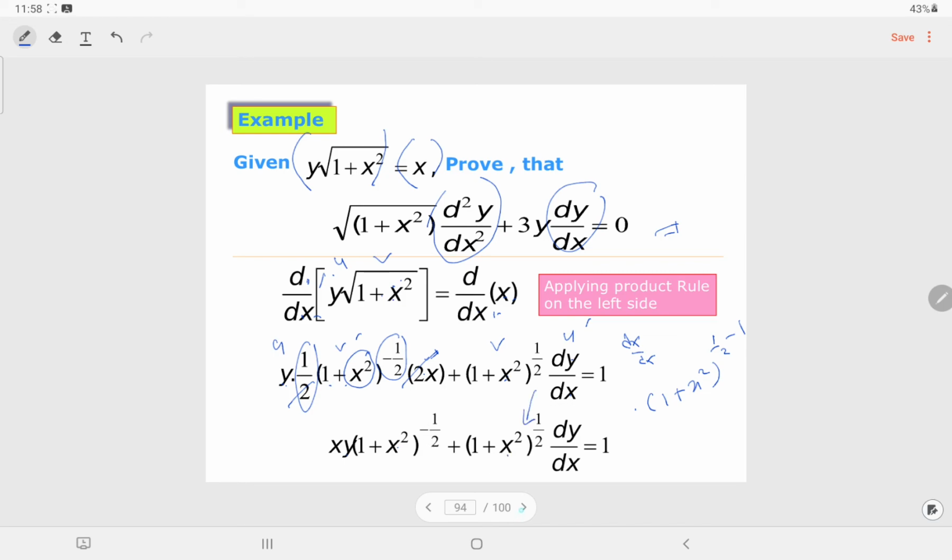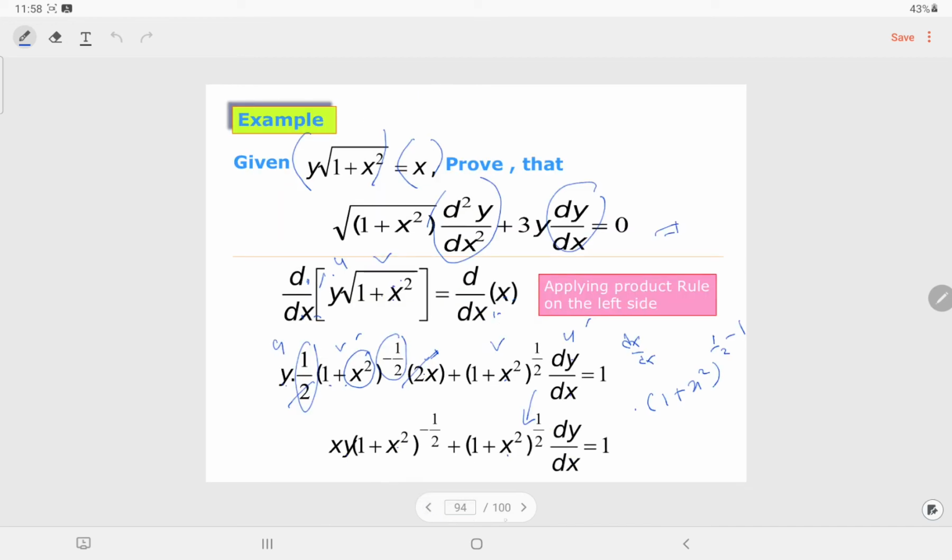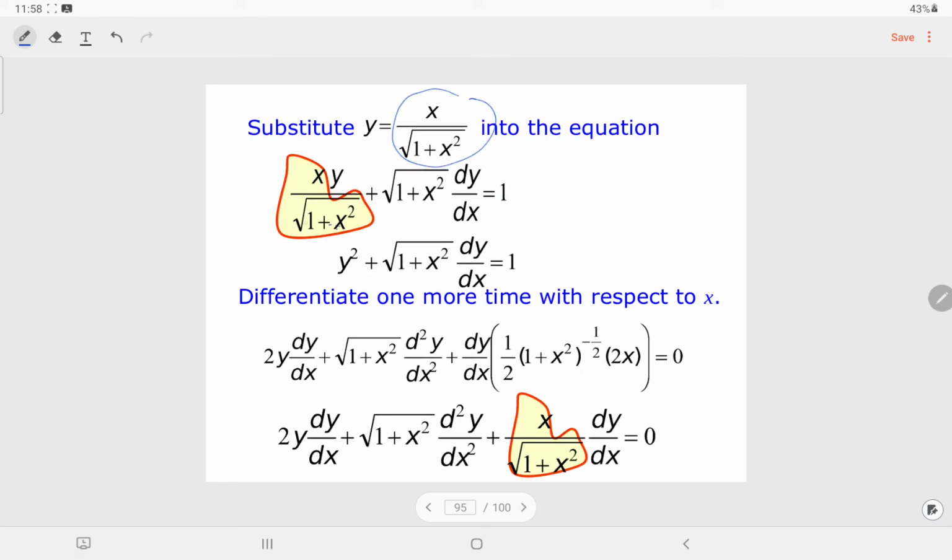Next, substitute the value of y into the equation, because this is power of negative, so equivalent to this one.